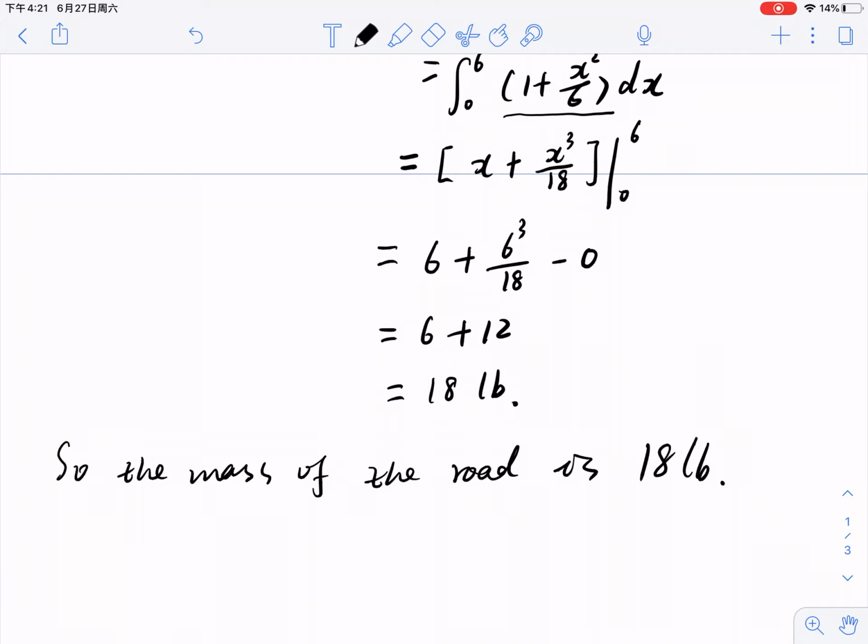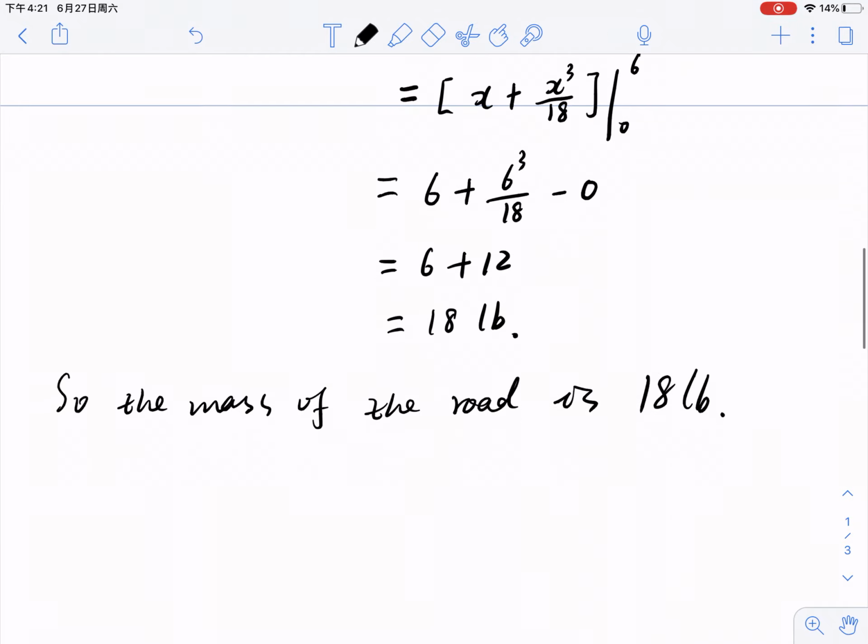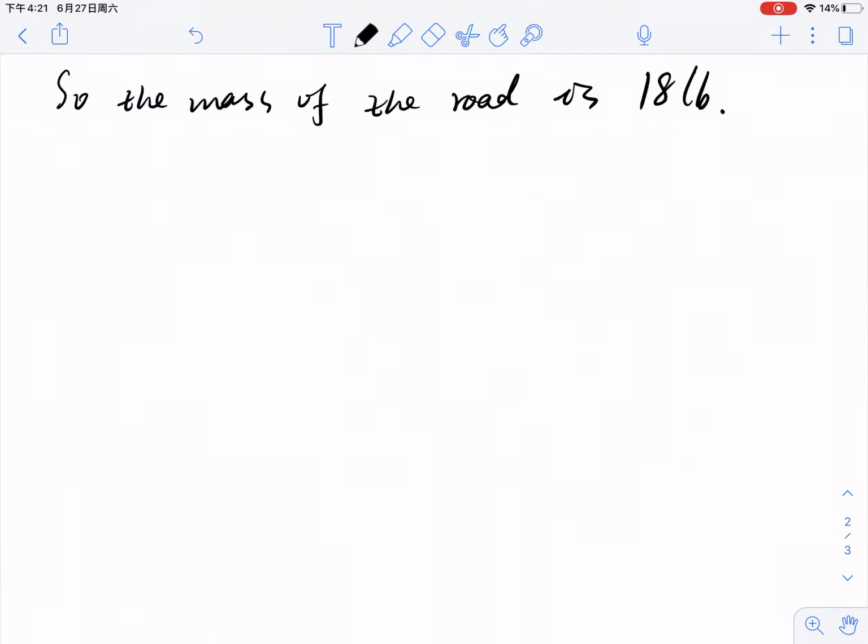So next we look at the center of mass. We first review the formula for the center of mass.